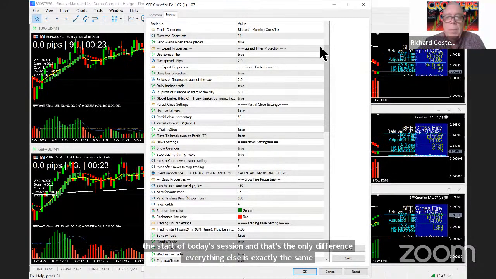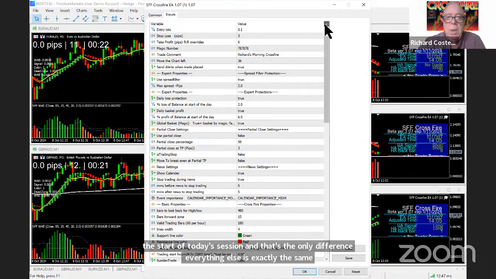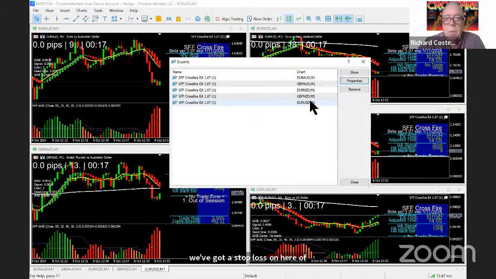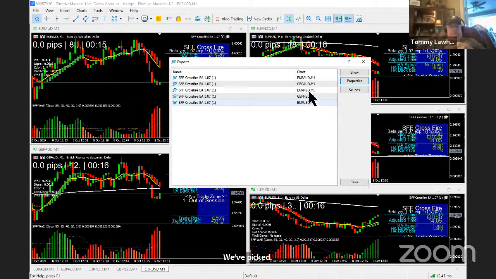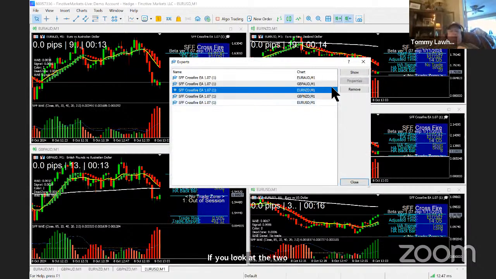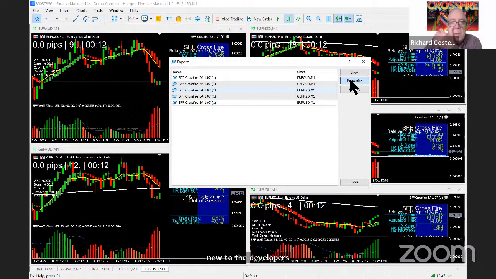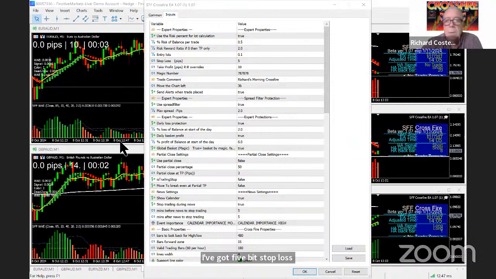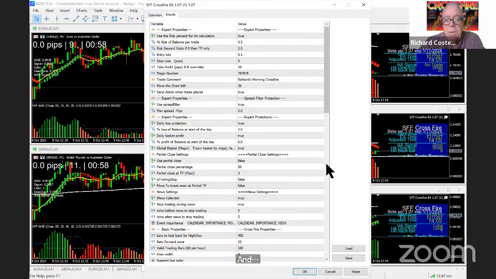Now remember, we've got a stop loss on here of 3 pips. If you look at the 2 New Zealand dollar pairs, I've got 5 pip stop loss. Everything else is the same. And the 2 Aussie dollar pairs, I've got 4 pip stop loss, I believe.